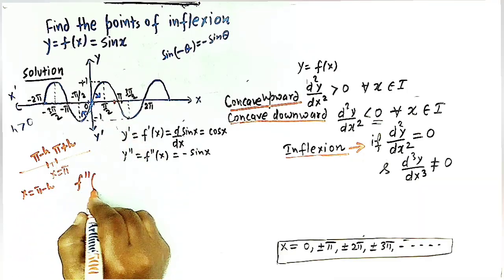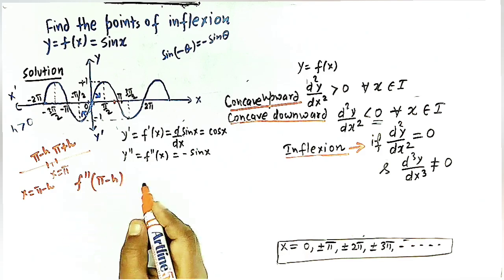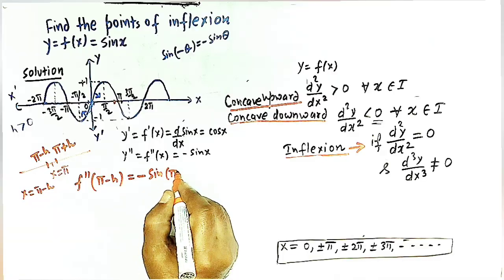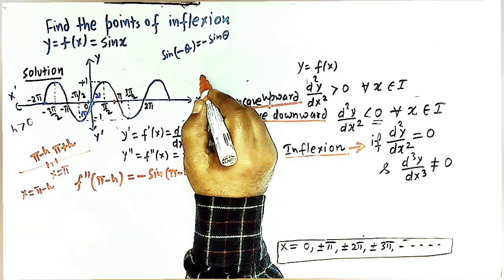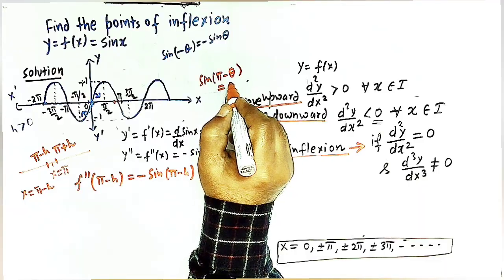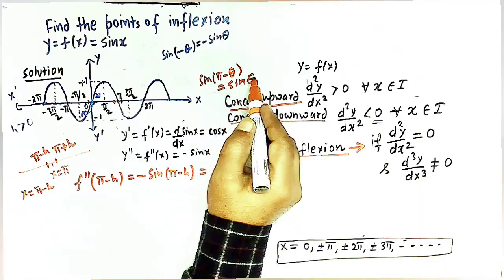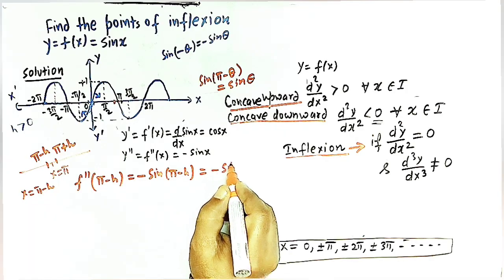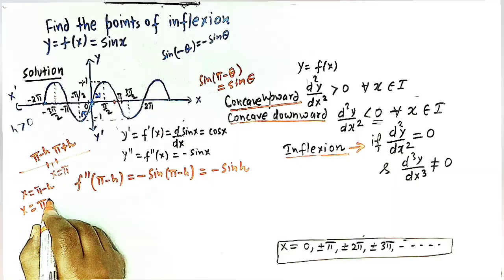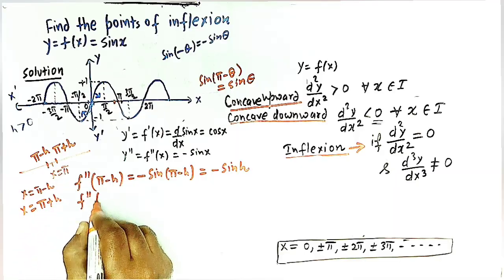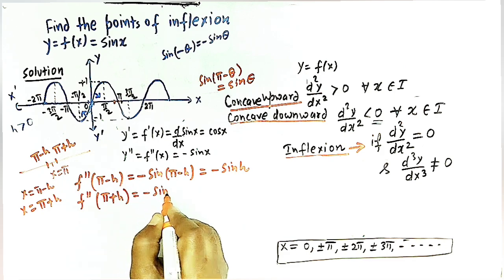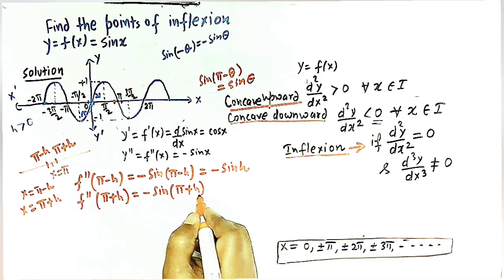So f double prime of pi minus h is now equal to negative of sine of pi minus h, and we know that sine of pi minus theta is equal to sine theta, right, from trigonometry. So here we have minus sine h. And for x is equal to pi plus h, we have f double prime of pi plus h, and this is negative of sine of pi plus h.